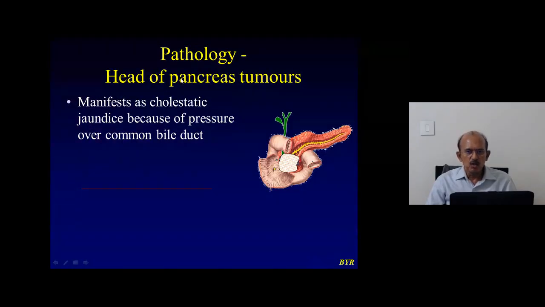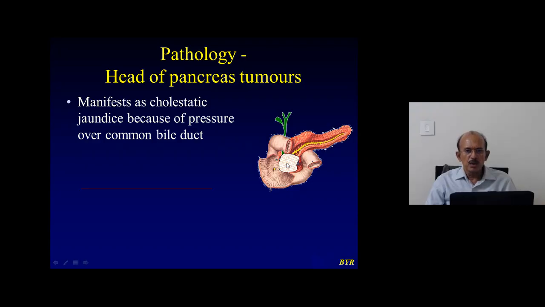The head of the pancreas tumors, that means this is the head of the pancreas. A mass will be there in the head of the pancreas. Because of its close vicinity to the bile duct, it causes obstruction to the bile duct at an early stage. That is why the patient will first present to you with the feature of only jaundice. He will not come to you for the mass because the pancreas is very deeply situated.